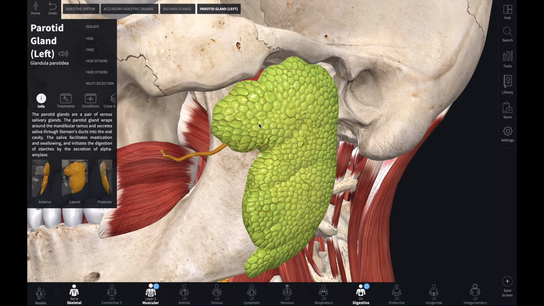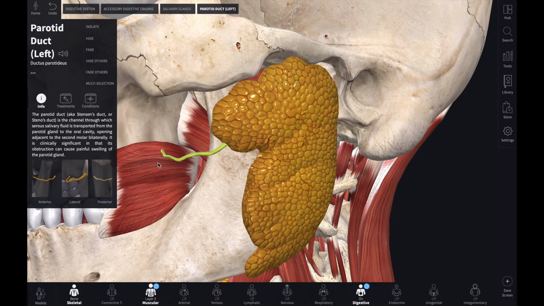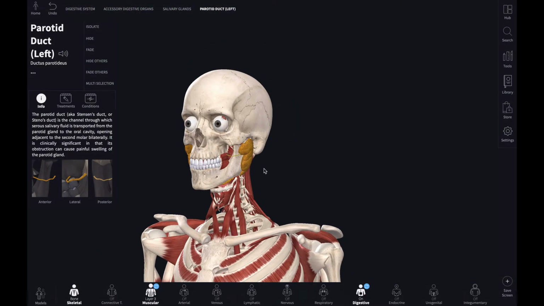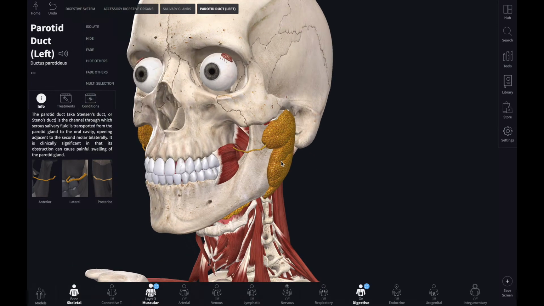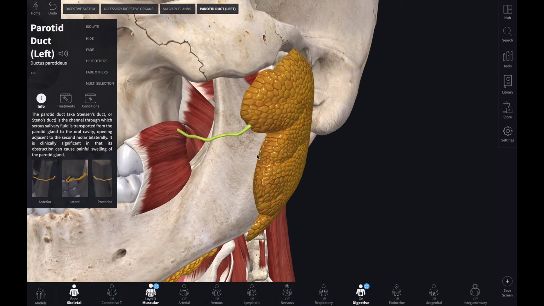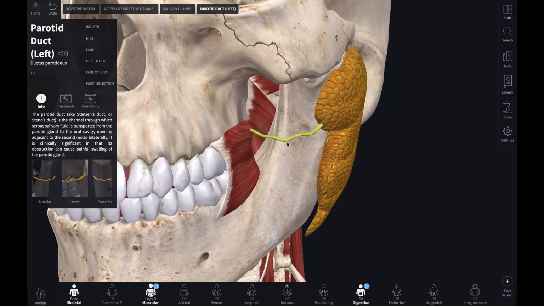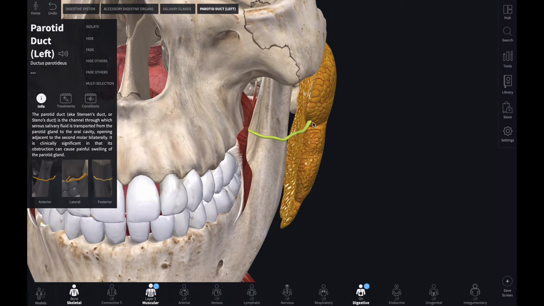The parotid gland is an exocrine salivary gland that gives a tube-like structure, and this tube opens in the side of the buccal cavity. This tube is called Stenson's duct, also called the parotid gland duct. In entrance exams they will ask you this kind of question when you are going for higher education. This is opening in the side of the cheek. That is the parotid gland duct.